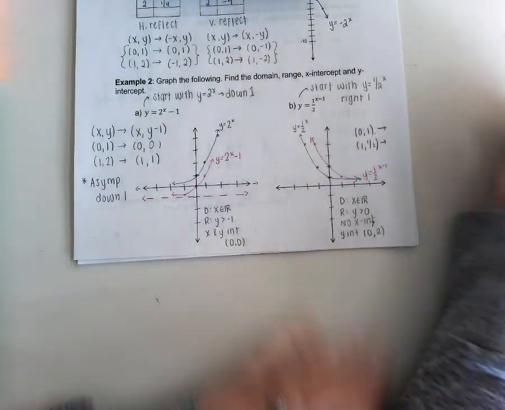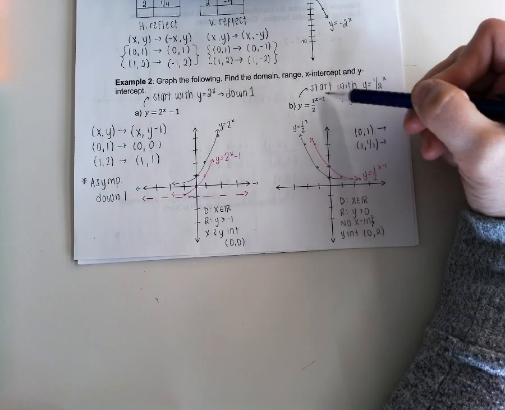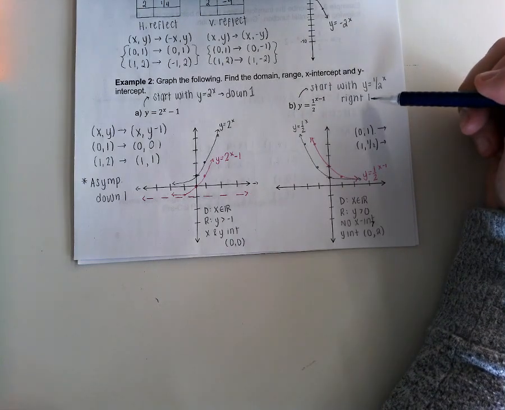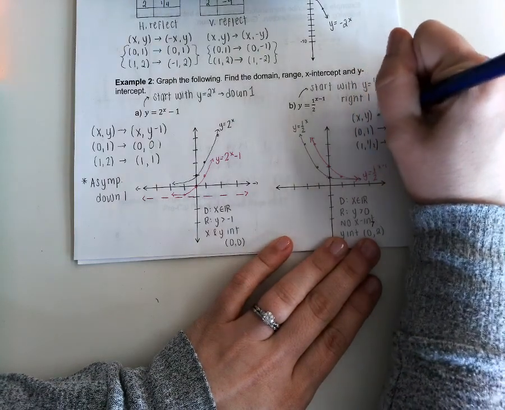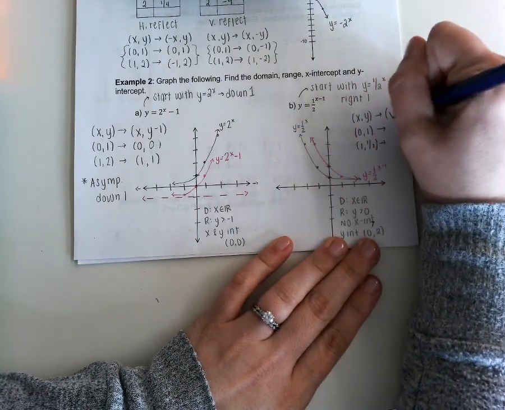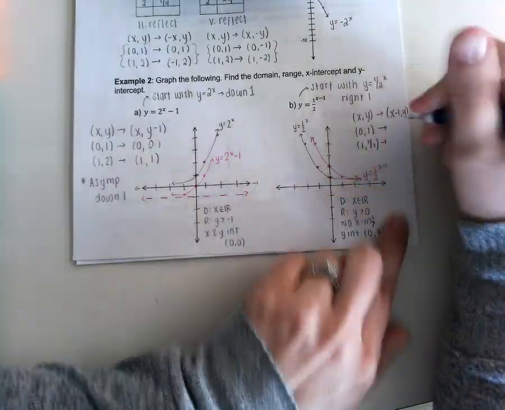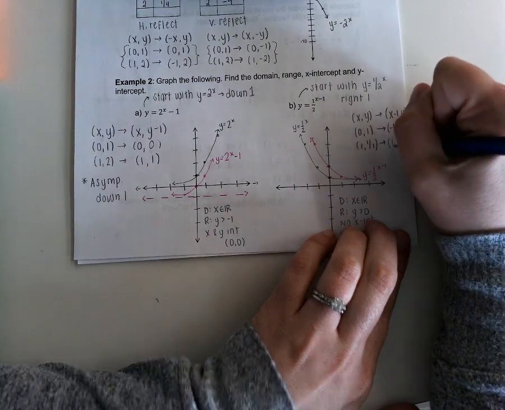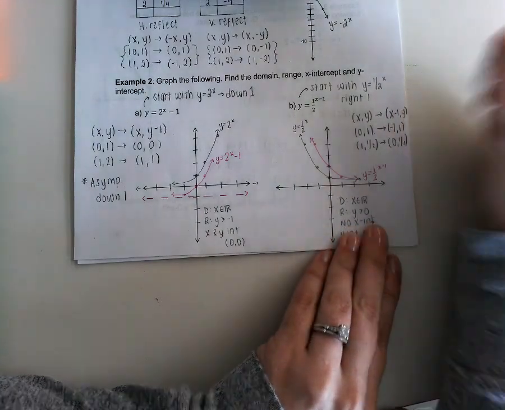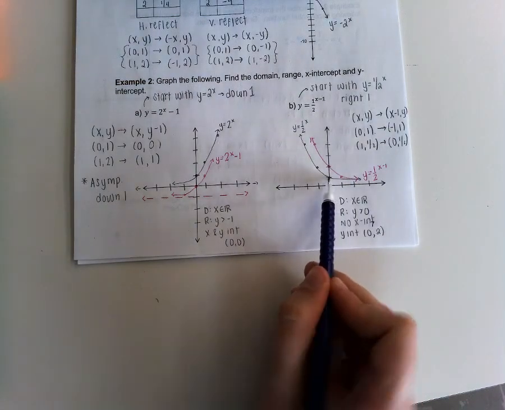If I look at the transformations here, you'll see it's minus 1 as an h value, which means I'm actually going to the right by 1. So the point x, y becomes the point x minus 1, y. Here, this becomes negative 1, 1, and this becomes 0, 1/2. So these points have moved over by 1.